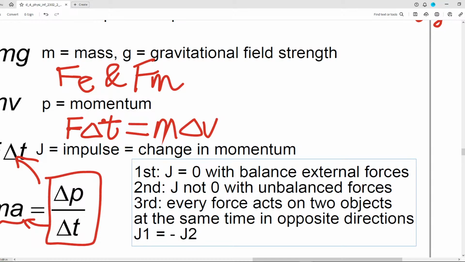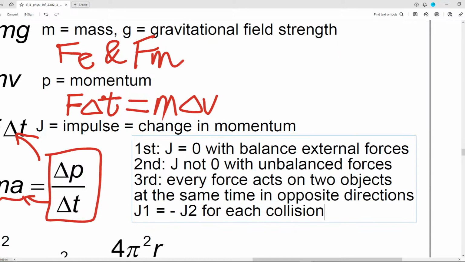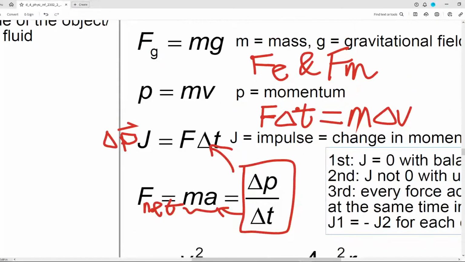So for each collision, the impulse on one, because no matter what forces are there, all the forces from the first object must also act on the second object in the opposite direction. So the impulse on them are exactly opposite of each other as well, the same amount but in the opposite direction. All right? That's impulse and momentum, Physics 30. And of course IB.